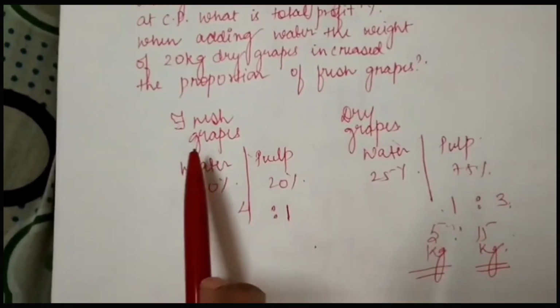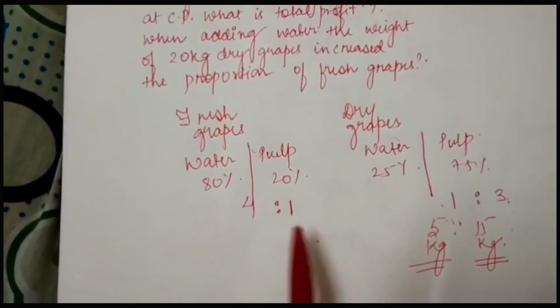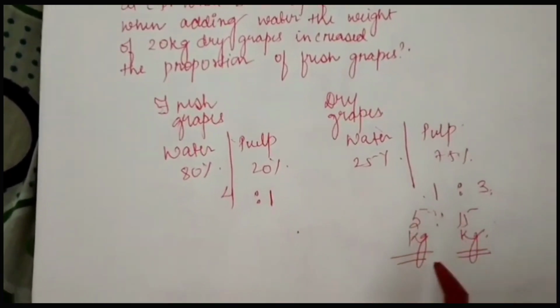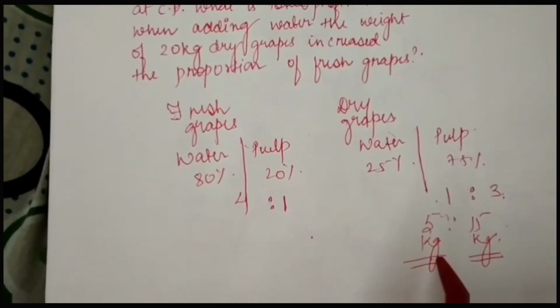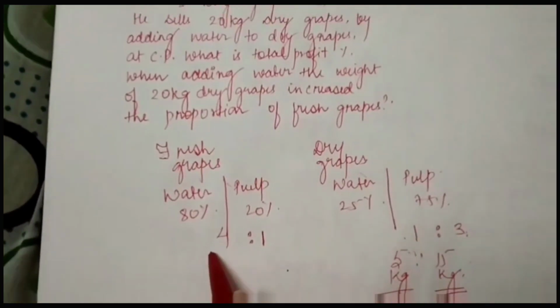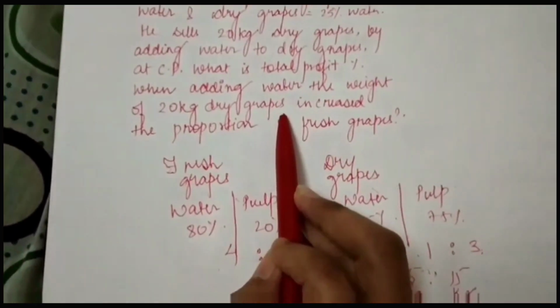Similarly, when we are considering this as 80:20, that is 4:1, it means how much they have actually, this was 5, right? They have given us that the weight of the 20 kg of the dry grapes is increased.